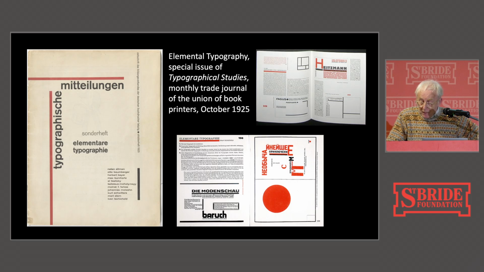This was ready by late 1924 and would appear in print as a special number of Typographische Mitteilungen, typographical studies, the monthly journal of the Union of Book Printers.